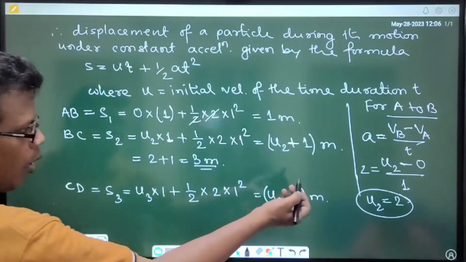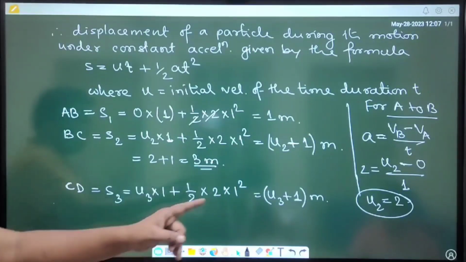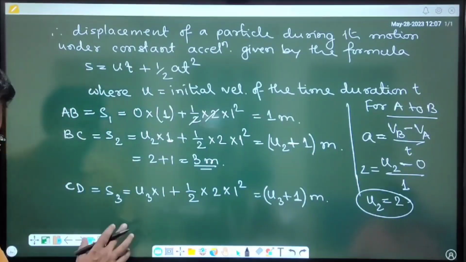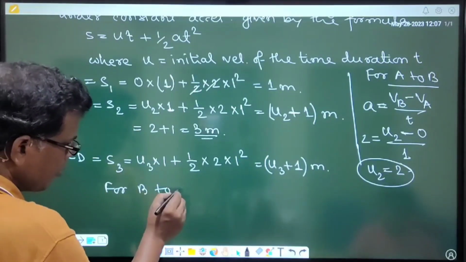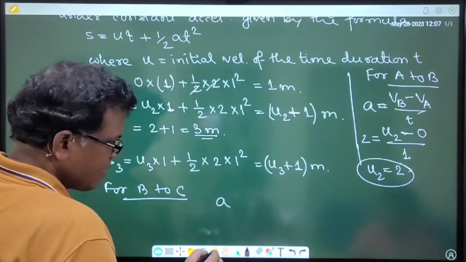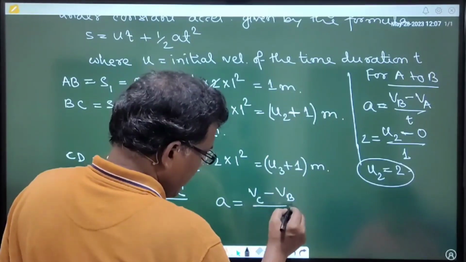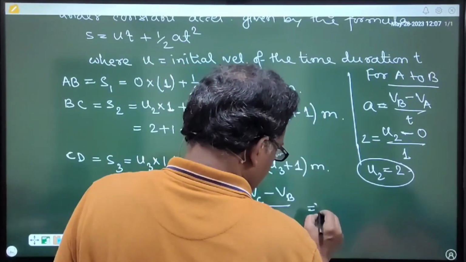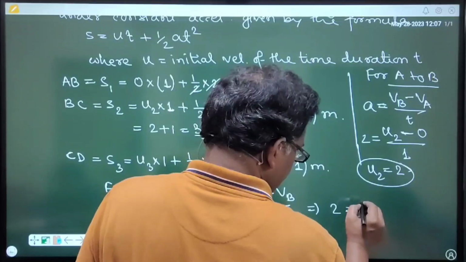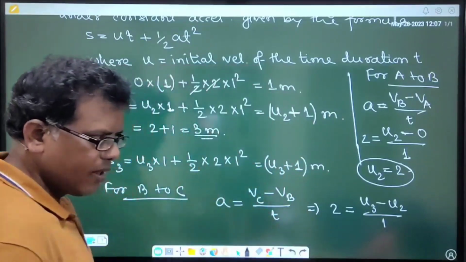I have already come to know about u2. So I can say the velocity u3 can be compared with u2 using this format again, so that we can write down for B to C. For B to C, there also acceleration remains the same, and I can write this is the velocity at C minus velocity at B divided by the time taken to travel from B to C. In this part, acceleration is 2, velocity at C is u3, and that at B was u2, divided by the interval of 1 second, right?